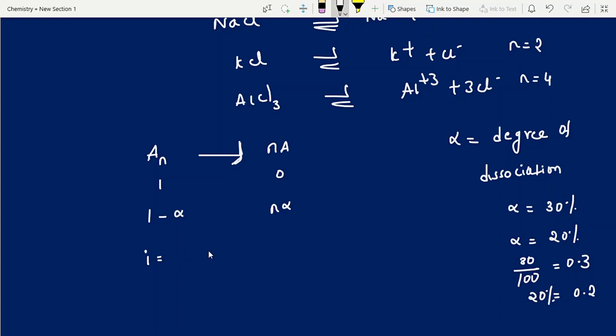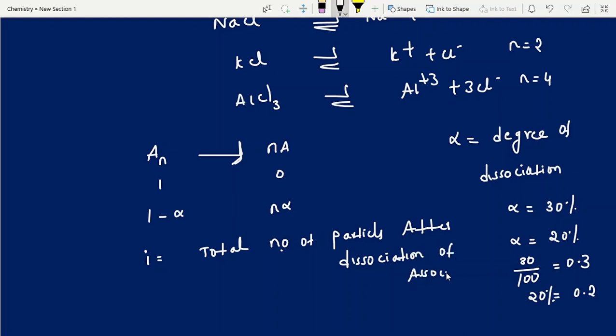In terms of number of particles, how we are expressing? Total number of particles after dissociation or association.